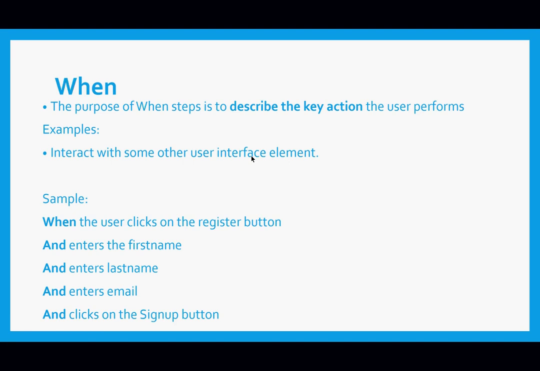A sample of that is: when a user clicks on the register button, and they enter first name, they enter last name, they enter email address, and they click on the sign up button. Those are the steps that are going to be in your when clause.